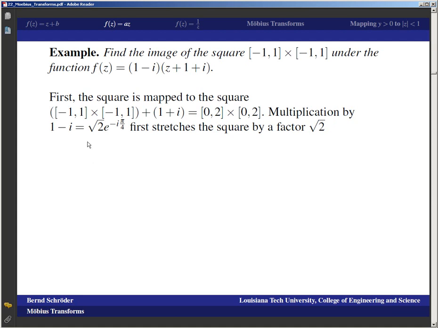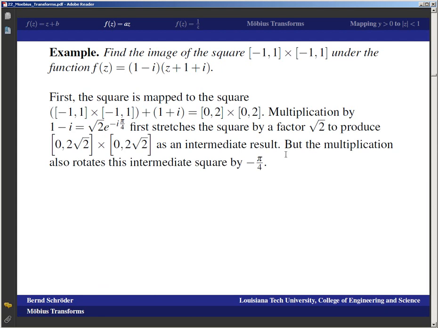If you then multiply by 1 minus i, and 1 minus i in polar notation is square root of 2 e to the negative i pi over 4, first it stretches it by a factor root 2, which produces the square [0,2 times root 2] cross [0,2 times root 2] as an intermediate result. And then the multiplication also rotates this intermediate square by negative pi over 4, so it rotates by pi over 4 in the mathematically negative direction, in the clockwise direction.